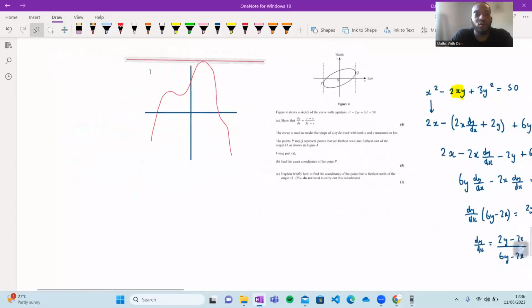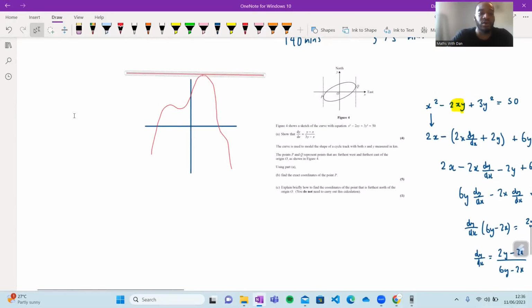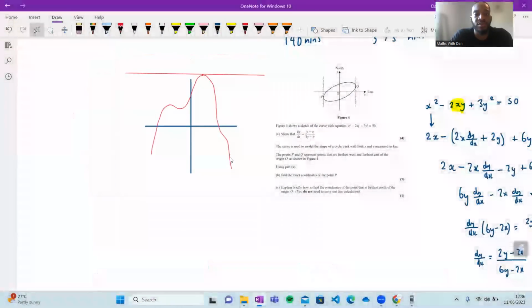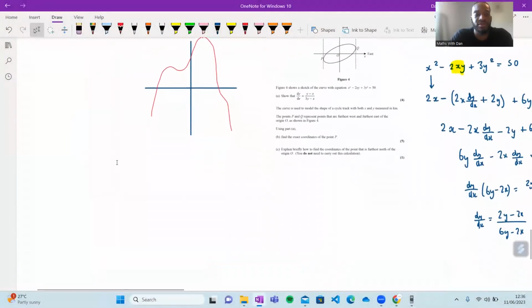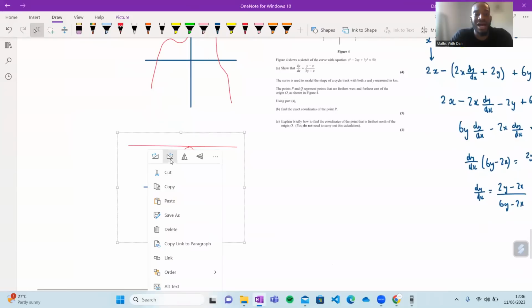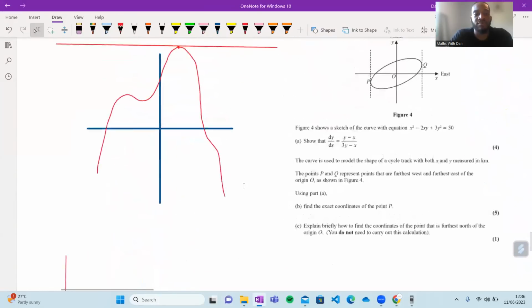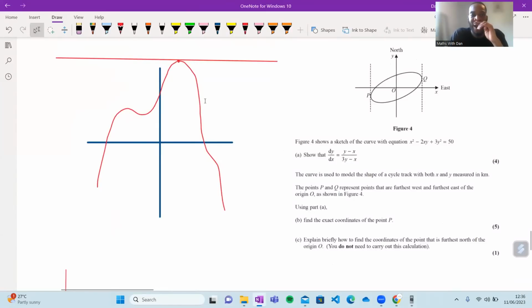If I copy this picture and paste it here, and let's say I rotate it anticlockwise like this. Remember, when it was the highest point, the tangent line was horizontal.